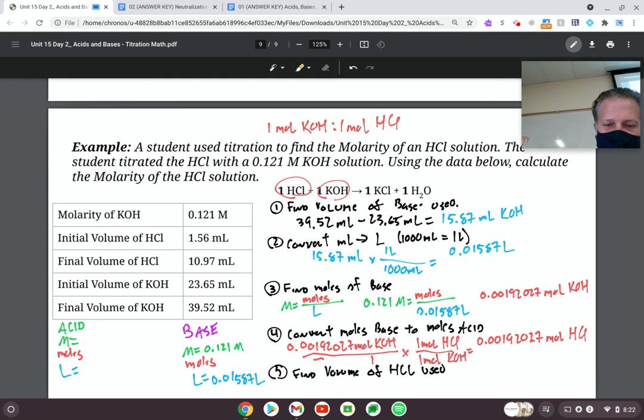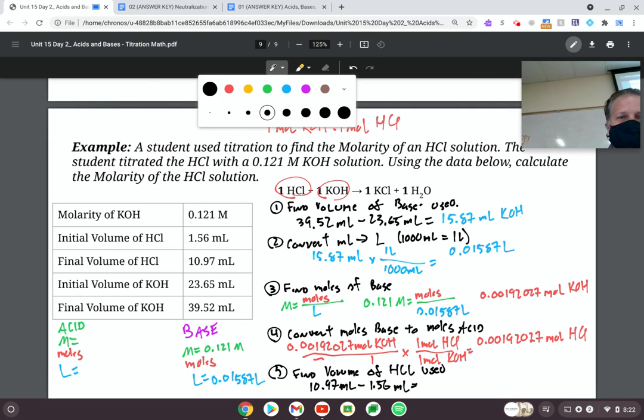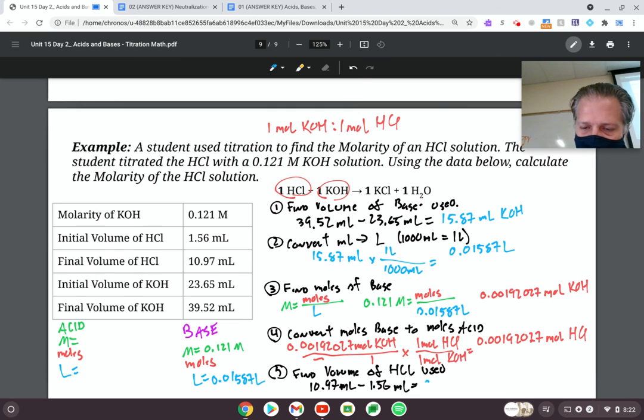That will be a little simple calculation of the 10.97 milliliters minus the 1.56 milliliters, which will give me 9.41 milliliters.